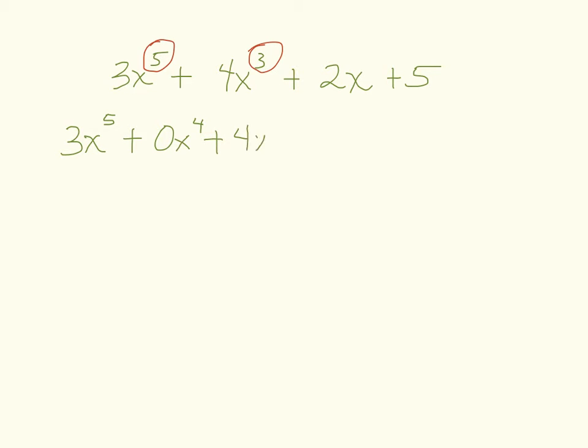Plus 4x to the 3rd. So notice I'm inserting the exponents that are missing. What else is missing? Well, we have x to the 3rd, then we have x, which is really to the 1, right? So we are missing x to the what? X to the 2nd power. We don't have an x to the 2nd power. So we'll put 0x to the 2nd power plus 2x plus 5.